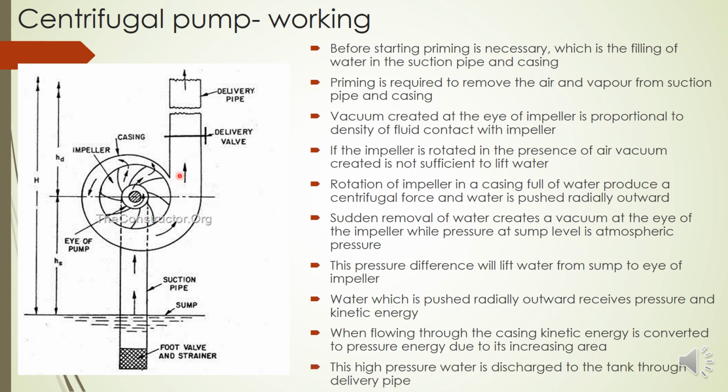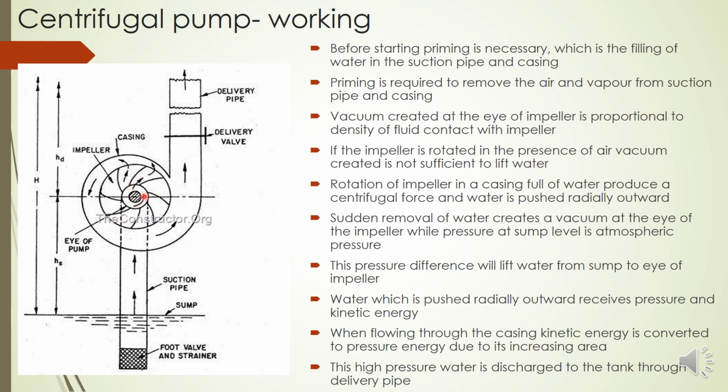Once again, we can see it in two phases. In the first phase, we are lifting water from here to here. How does it happen? Initially we do the priming. We fill water in the spiral casing and pipe, and the impeller is switched on. It starts rotating and creates a centrifugal force on the water.